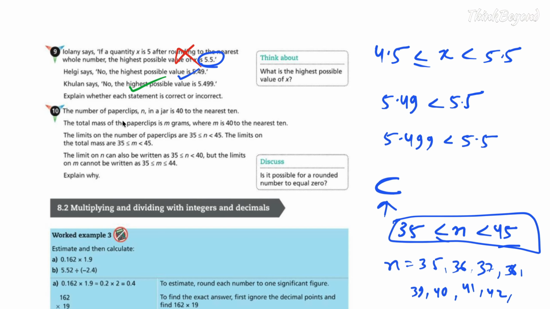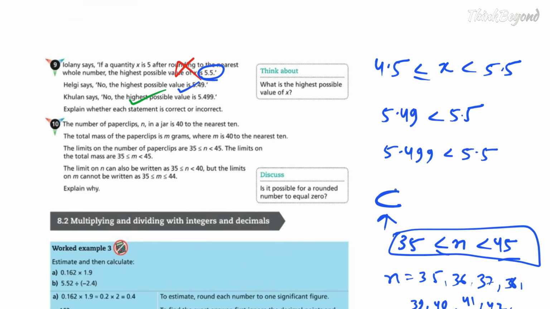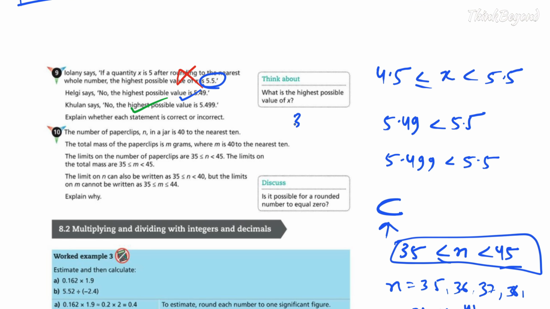Now mass. m is a continuous quantity. It can take values after decimals, like 39.2, 39.4, 0.7, something like that. Therefore, we must keep the inequality open at the upper end. It means 35 is less than or equal to m is less than 45.